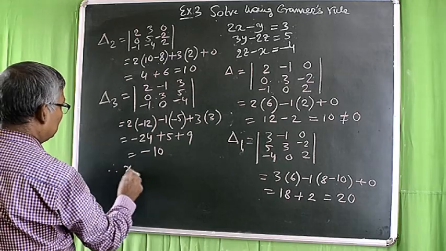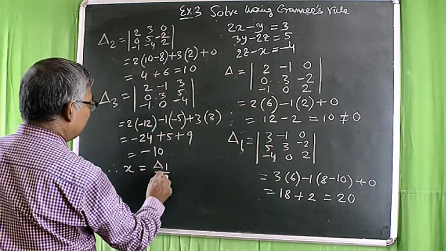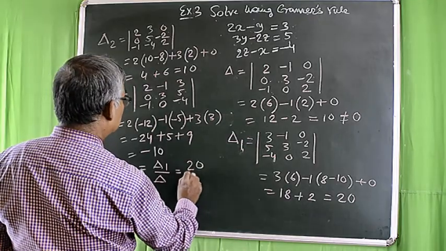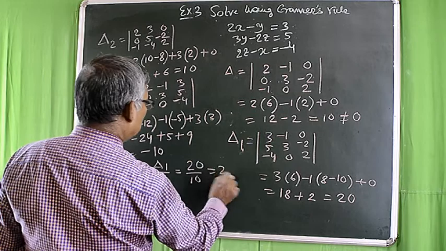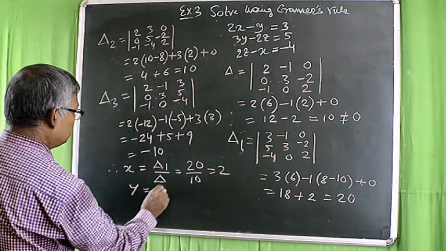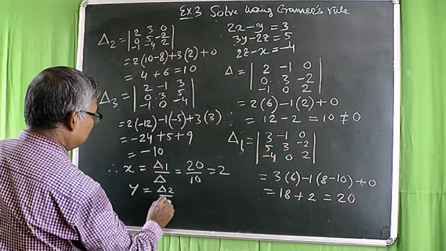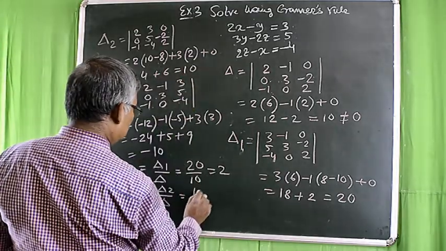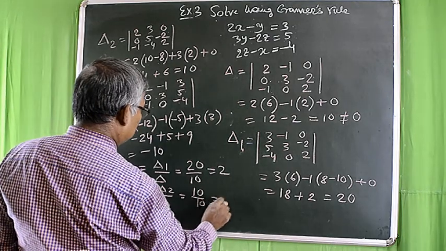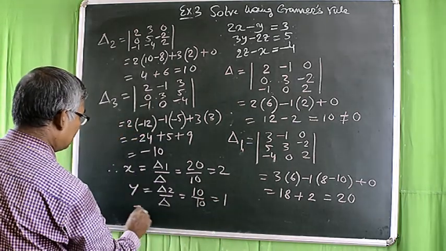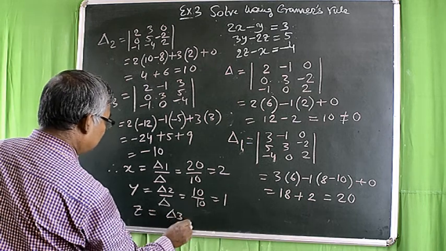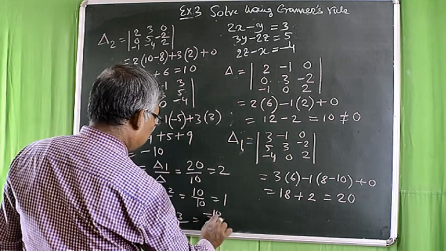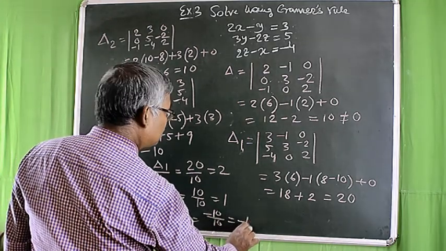Therefore x equal to del 1 by del, that is 20 by 10 equal to 2, y equal to del 2 by del, that is 10 by 10 equal to 1, and z equal to del 3 by del, minus 10 by 10 equal to minus 1.